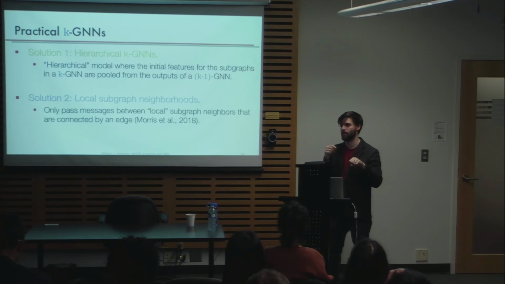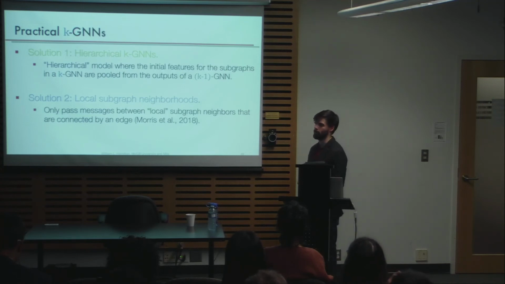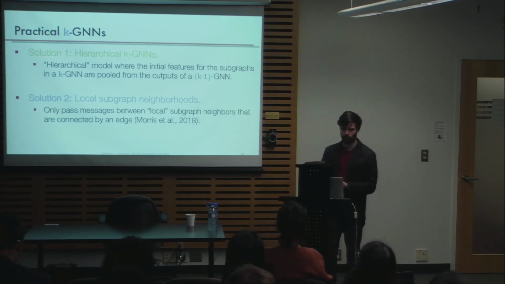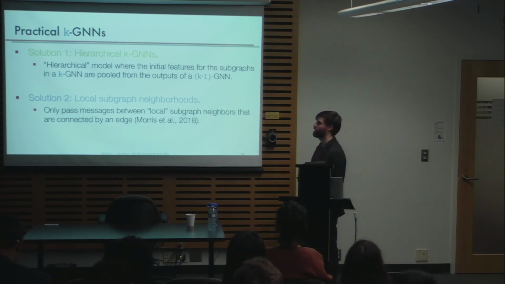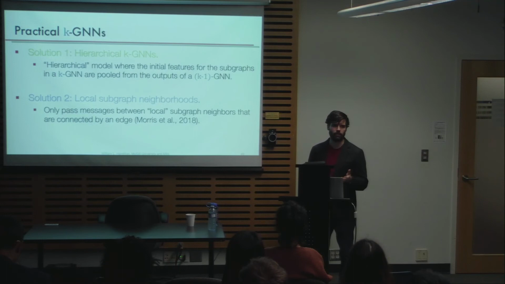This is sometimes called the local variation of the KWL test, which has been very successful for generating, say, graph kernels, for example, in Christopher Morris's previous work. So this is how we define this generalization of graph neural nets, which was somewhat of an empirical exercise to see if we could do better, but also kind of a theoretical exercise in trying to understand whether or not these ideas of making them more expressive, kind of in the best case, actually leads to models that learn better in practice.